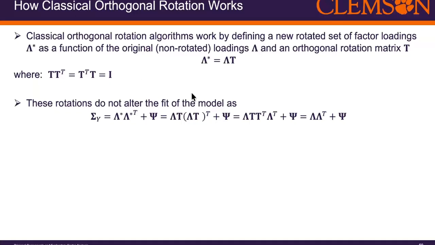Then you can show in matrix algebra that if we plug in the new loadings and work the math through, the new loadings are really the old loadings times T. And then using a little matrix algebra, we end up seeing that this T times T transpose by definition is identity, meaning that we have the same fit as the old loadings.